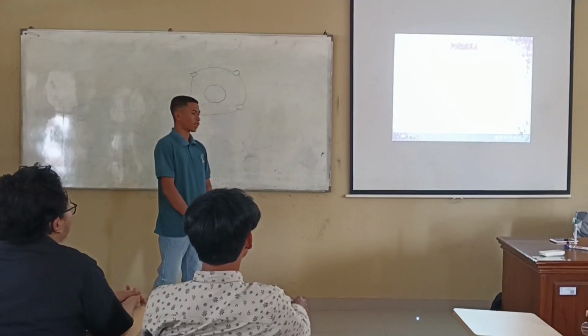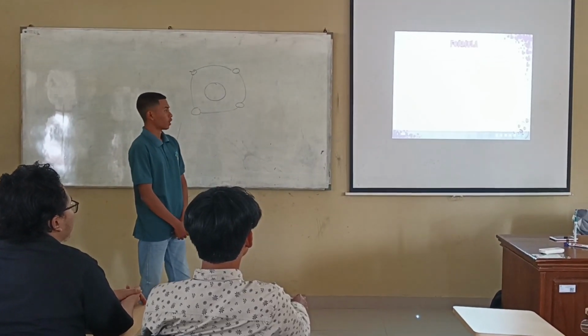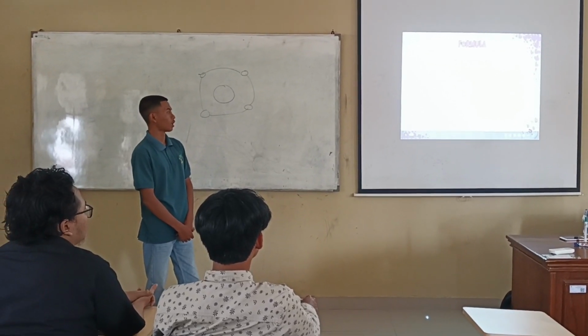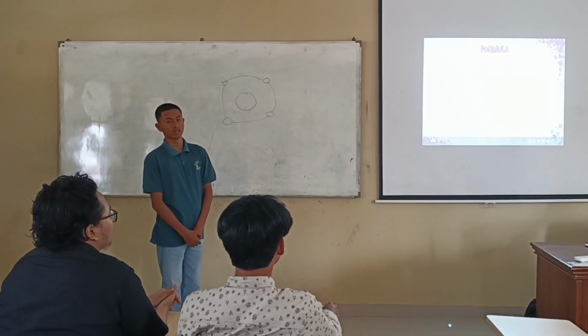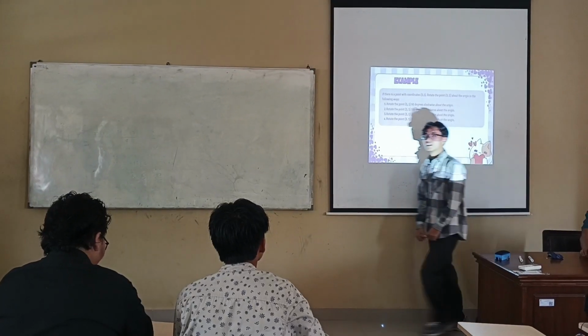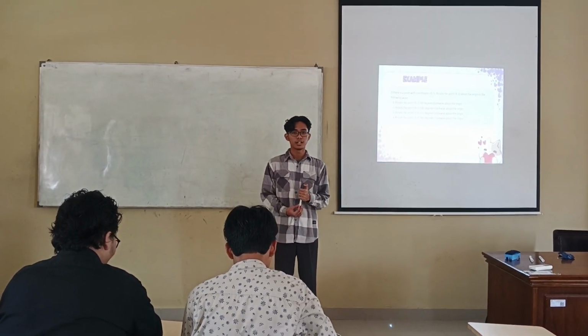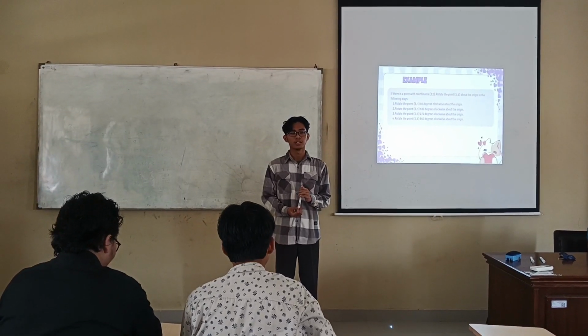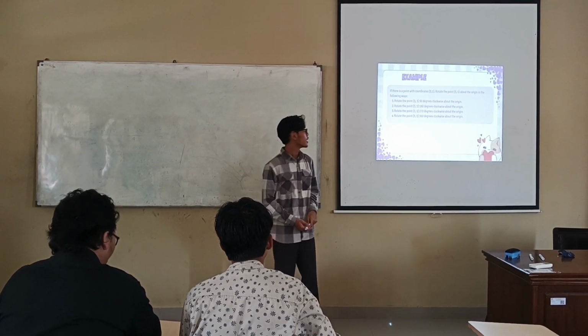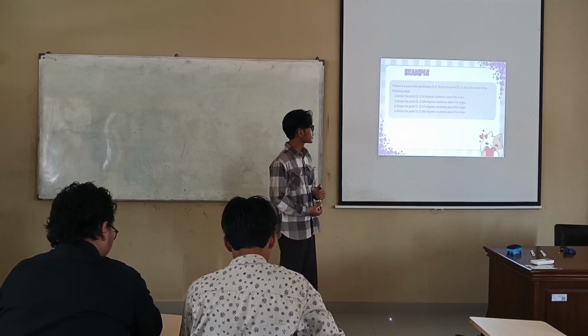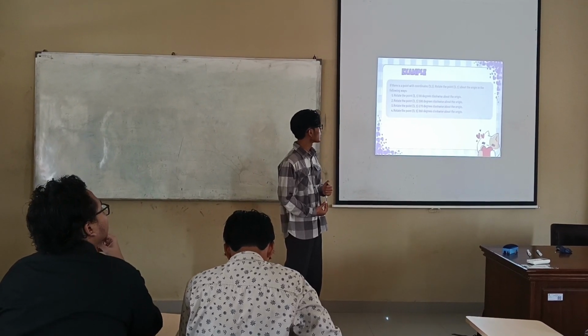Next, we will look at an example. Mr. Novit, give us the example. Now we will learn how to determine the result of the rotation. If there is a point with coordinates 3, 1, rotate the point 3, 1 about the origin in the following ways.